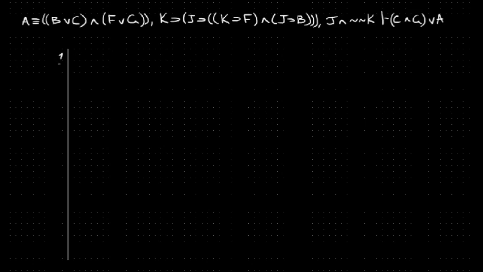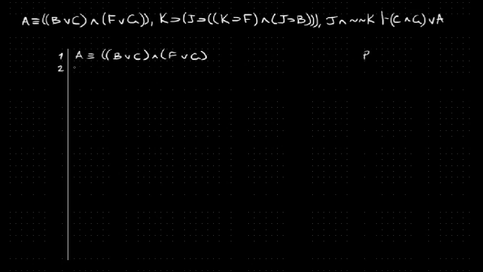Again, first of all, here I've got 3 formulas before the turnstile, so I get 3 premises. So number 1 is A, if and only if B or C and F or G. And that's a premise, so let's put a P in there.